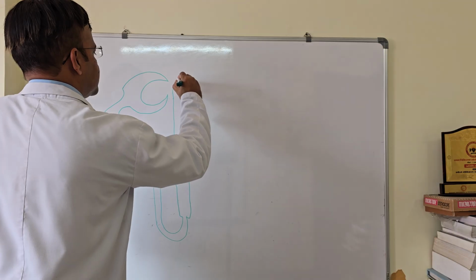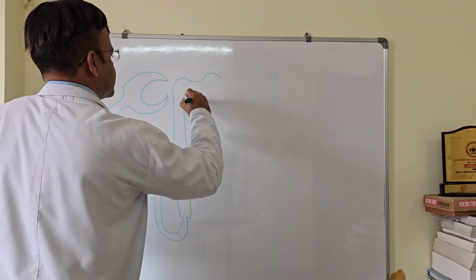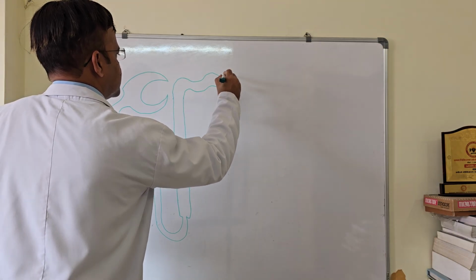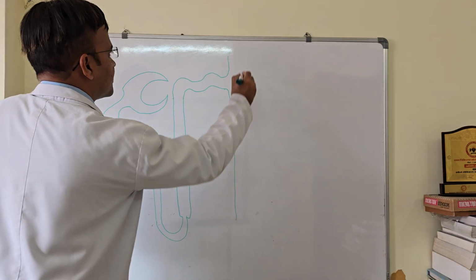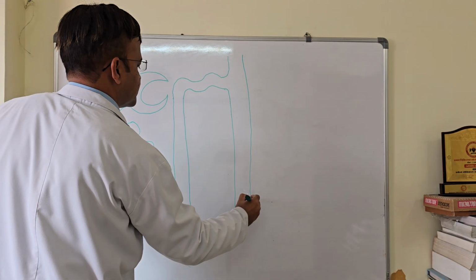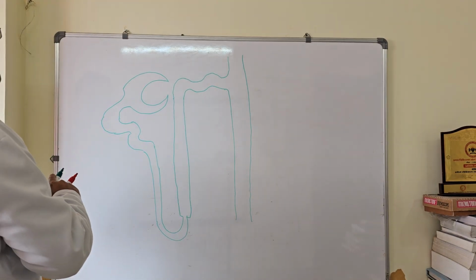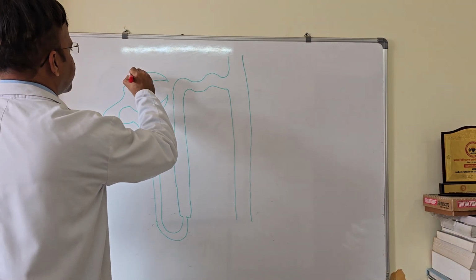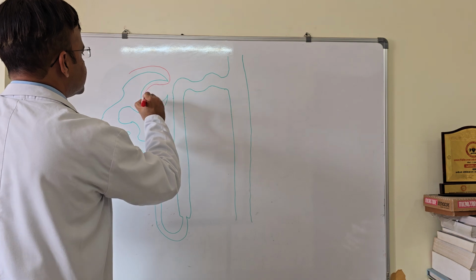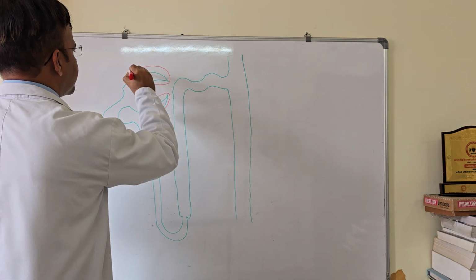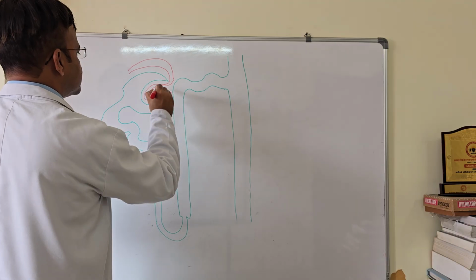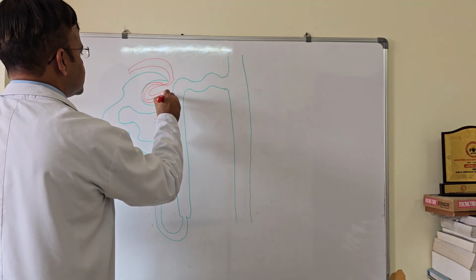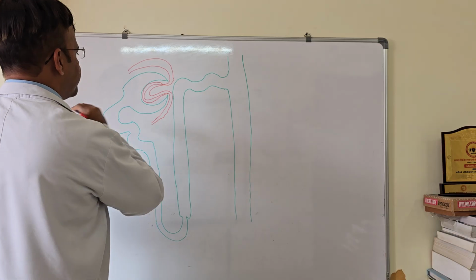Then DCT. Then collecting ducts. This is roughly what our nephron looks like, right? Then we will draw afferent arteriole and efferent arteriole. Right?